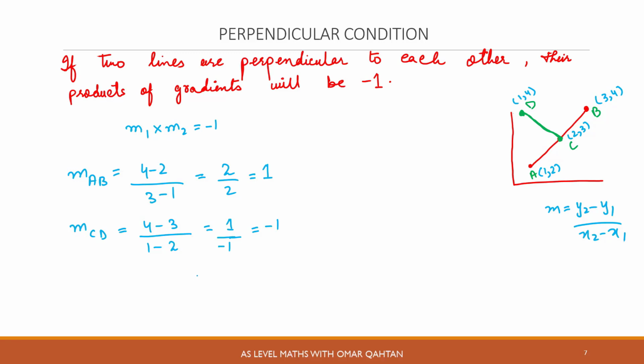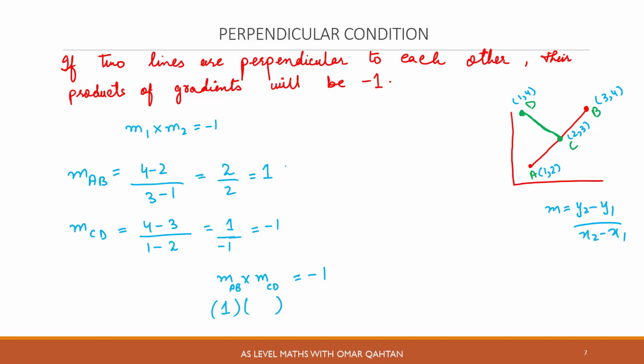So let's substitute this in our equation. M1 into M2 equals minus 1. The answer for M1 is 1. The answer for M2, which is CD, I should better write in this form: M of AB and M of CD.